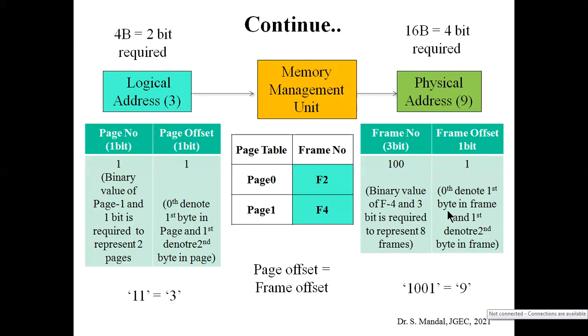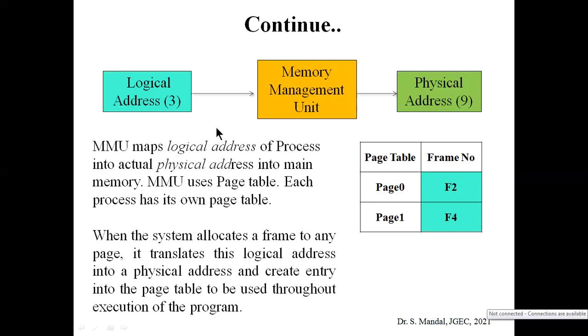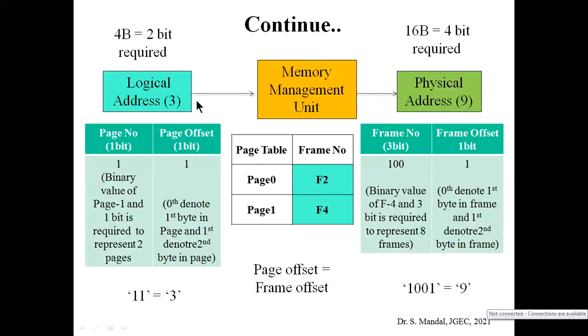Now let's see how we can convert logical address 3 into the physical address of 9 using the page table. You can see that the size of the process is 4 bytes.